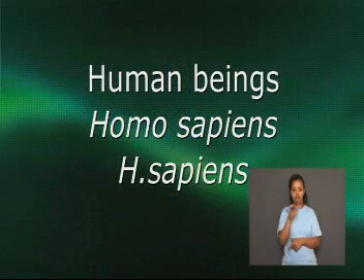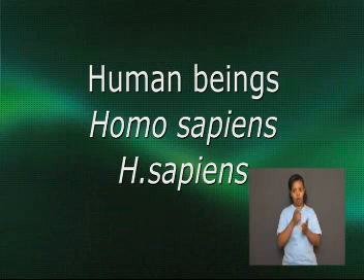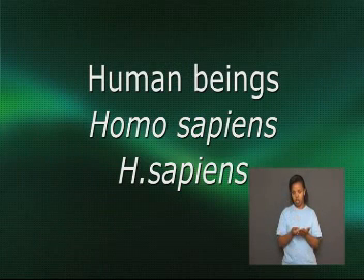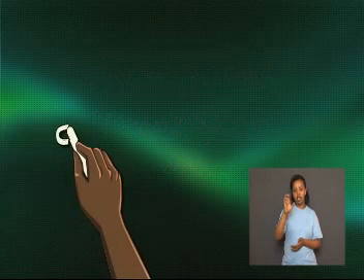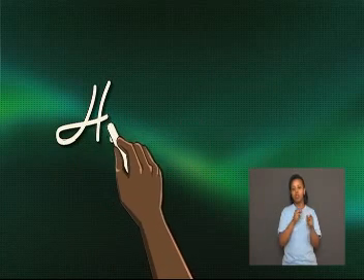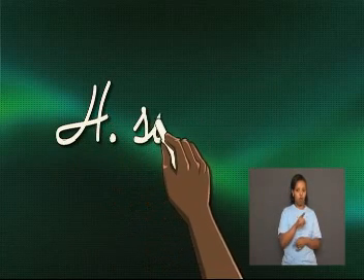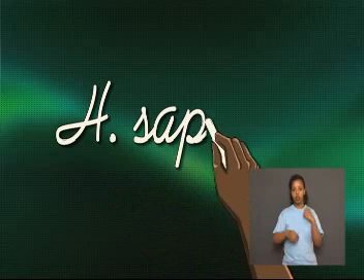For example, human beings are called Homo sapiens or H. sapiens. The second name is the species to which the organism belongs.